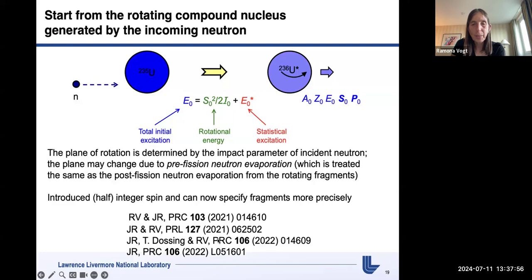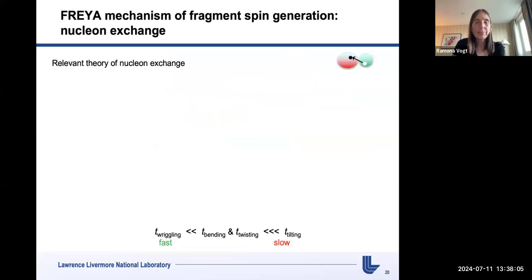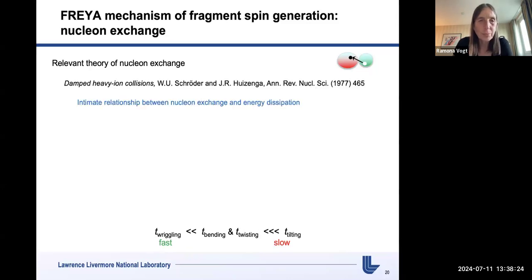And you can look at all of these papers here and learn more about how we do angular momentum in FREYA. But the mechanism for FREYA spin generation is nucleon exchange, and there are different angular momentum modes that have different relaxation times, or the time that it takes to actually equilibrate this mode.